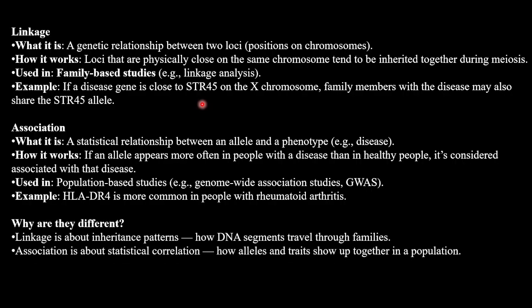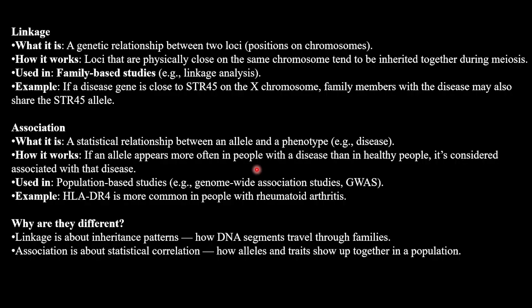So what is the difference? Linkage is about inheritance pattern, how DNA segments travel through families. Association is a statistical correlation, how alleles and traits show up together in the population, whether a particular gene is associated with a disease or not. However, linkage, how will you find it out?